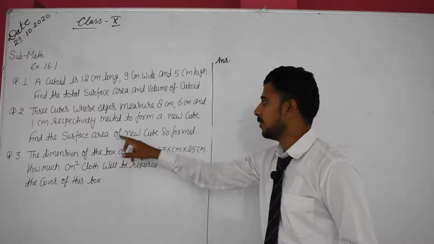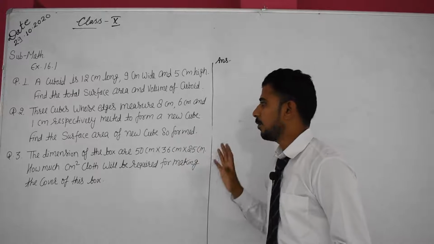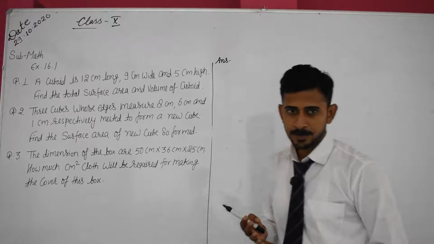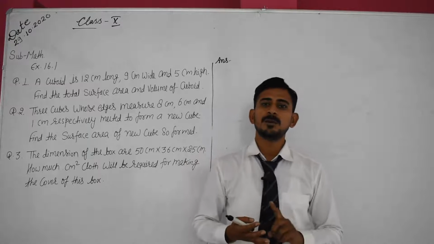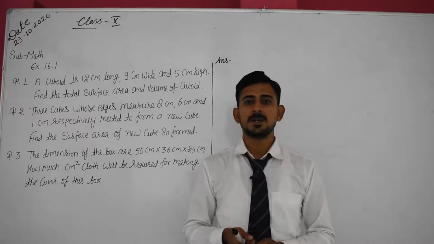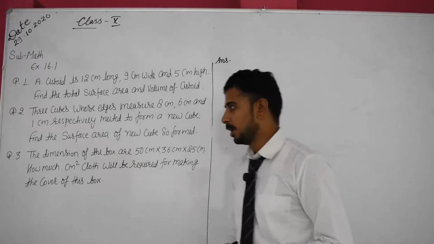Then find the surface area of the new cube so formed. Means the volume of first cube plus volume of second cube plus volume of third cube, the total volume of these 3 cubes, is equal to the volume of the new cube.